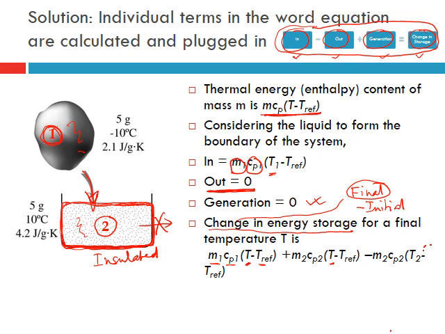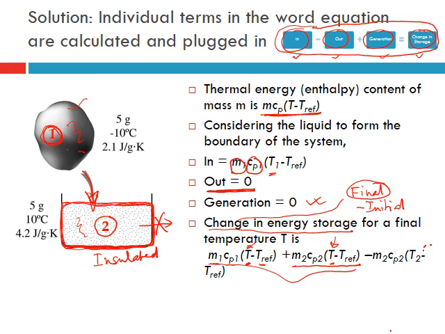That's the energy content of body 1 at the final point, and likewise M2 Cp2 T minus T ref is also the amount of energy at the final state. Notice I use the same T because if you leave them together for a long time, they're going to reach an equilibrium and they will have the same temperature.